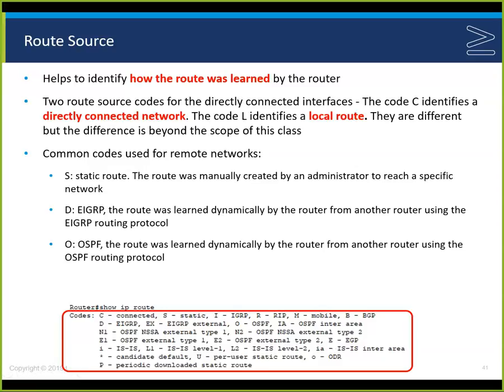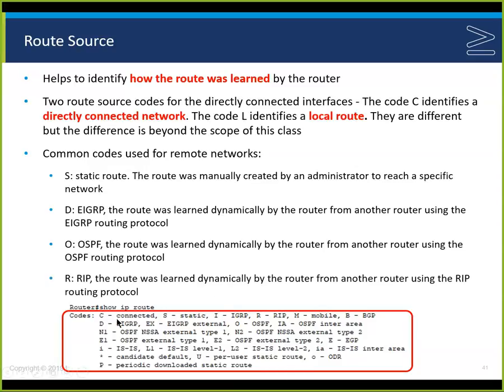The only exterior gateway protocol in use today is BGP. But D is EIGRP. The algorithm for EIGRP is going to be DUAL, so yeah, maybe we can make a little sense out of that. O for OSPF, using the OSPF routing protocol, and R for RIP, dynamically learned using RIP.